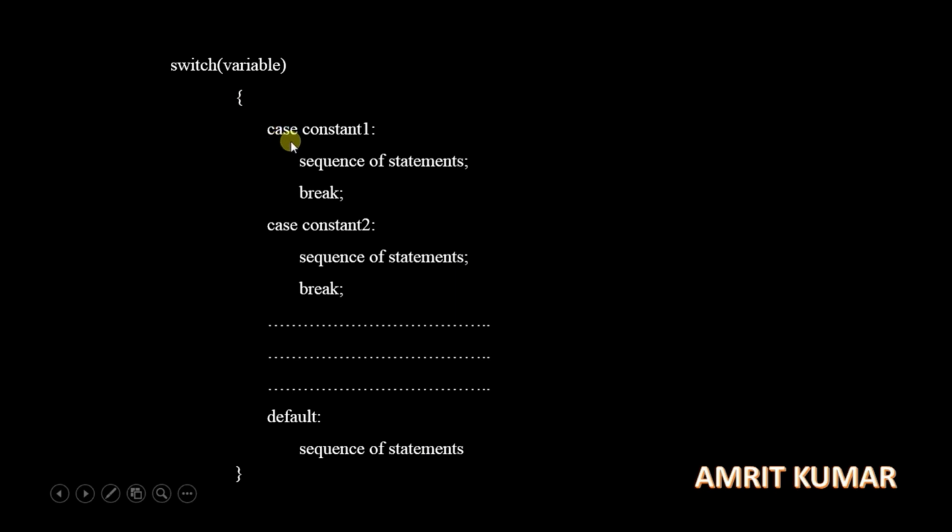This is the syntax part. Case, any constant here, like 1, case 1, colon must be there. Then the sequence of statements, whatever you want to write here, you can use as your code for this particular case. Suppose this is case 1.